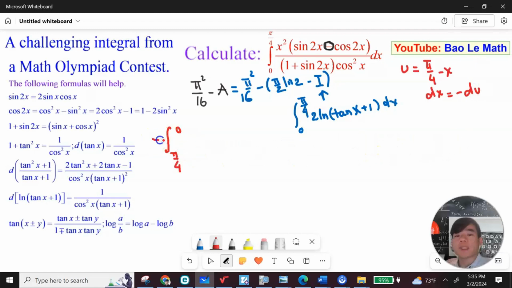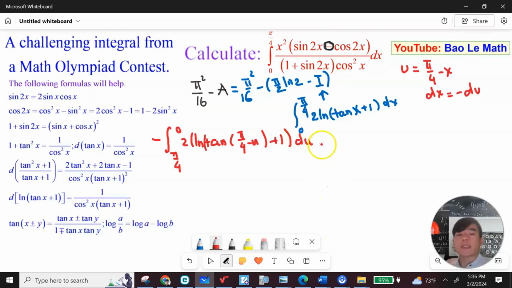Alright, so I put the negative side right here, I put du right here. Now 2 times natural log of tangent of s equal pi over 4 minus u, so it could be pi over 4 minus u plus 1 close parenthesis du.